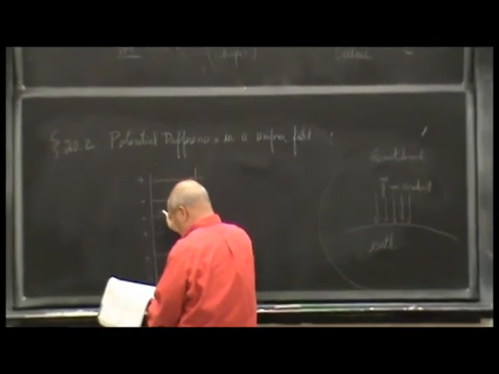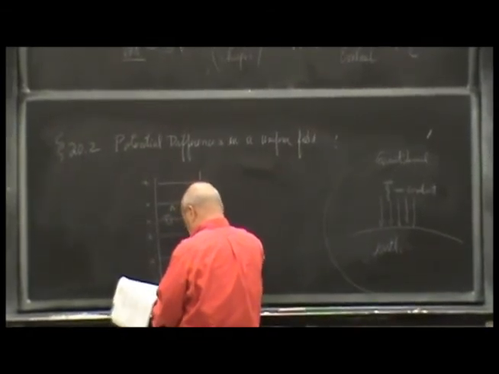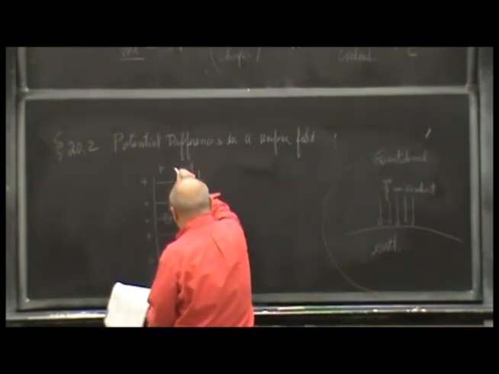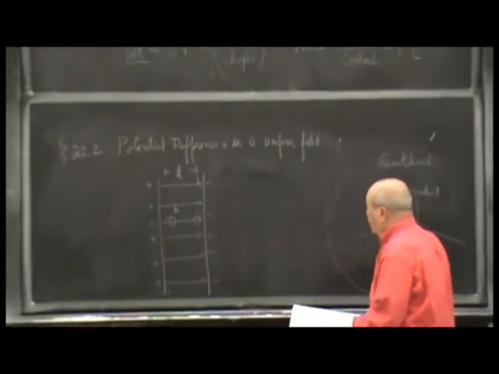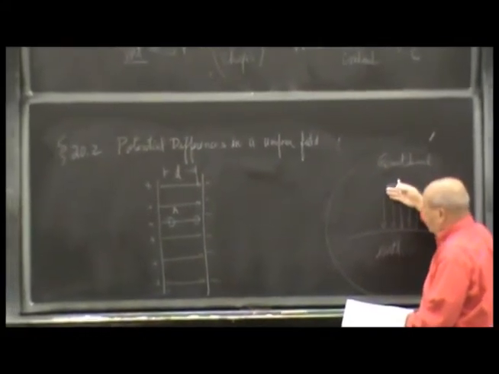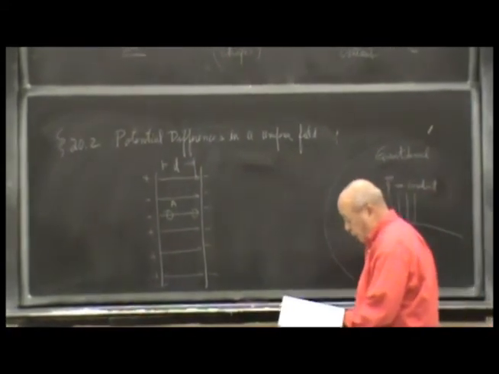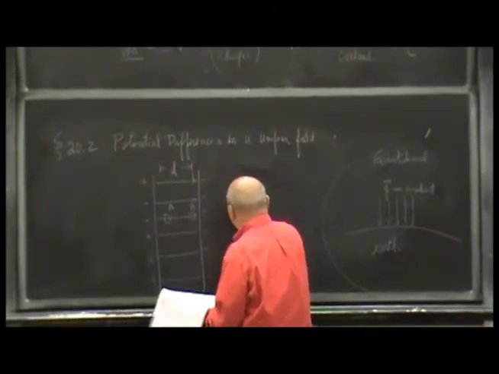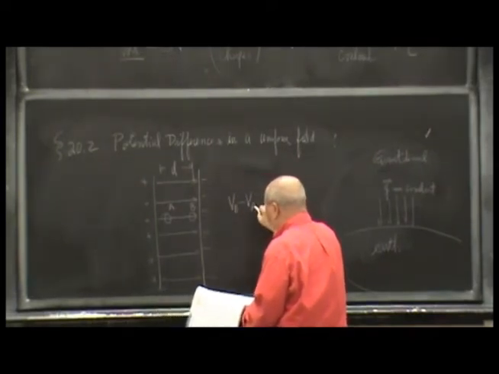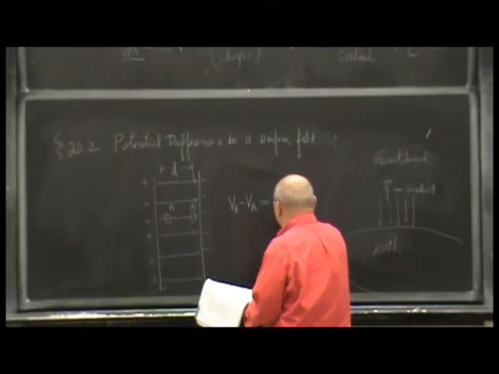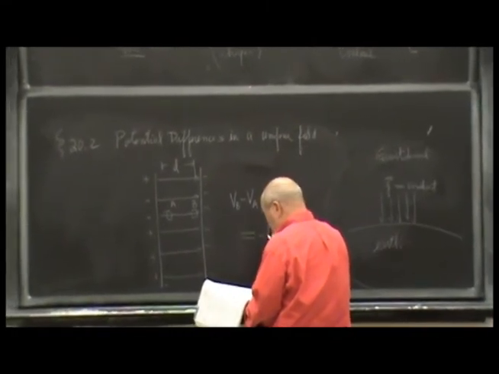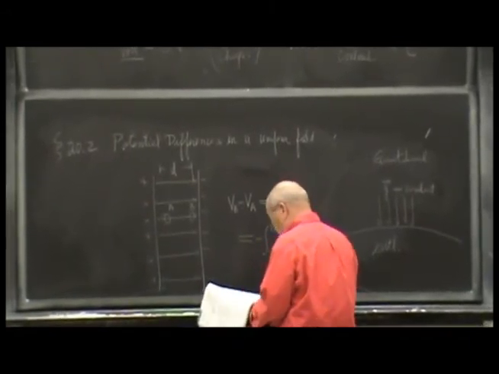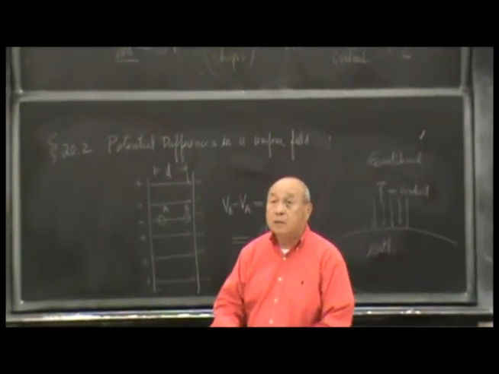Typically this is A, and then we move from A to B. In this case there's a distance, d. So there's a point A here and a point B over here, then V sub B minus V sub A equals delta V, equal to minus the integral from A to B of E dot ds. And that is the case.